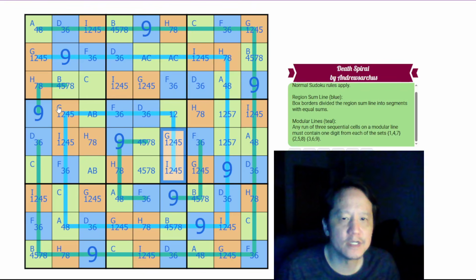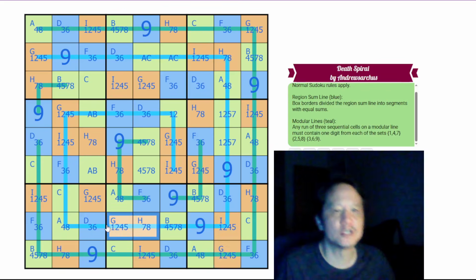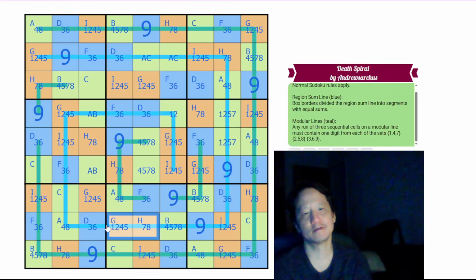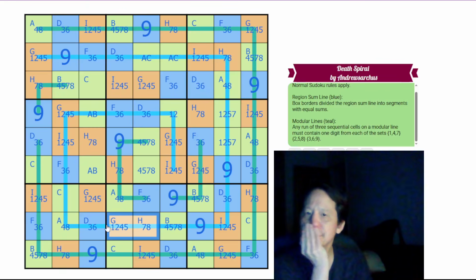So this is G and I, G and I, G and I, G and I. Obviously, G and I never add up with each other to add up with another digit to add up to the sum.